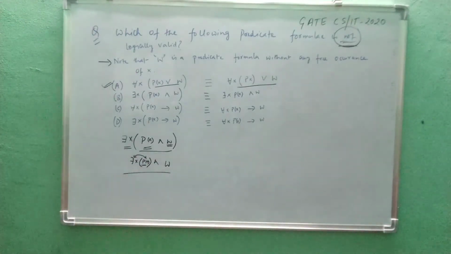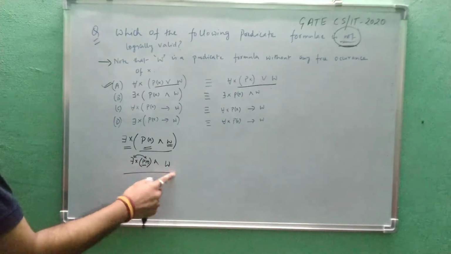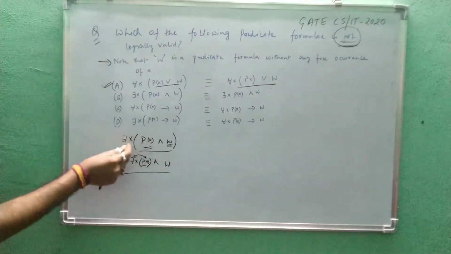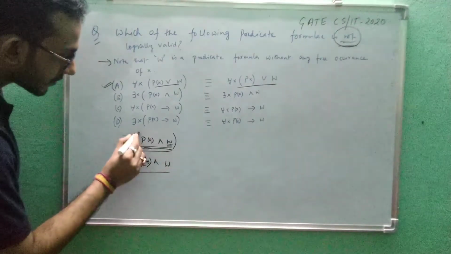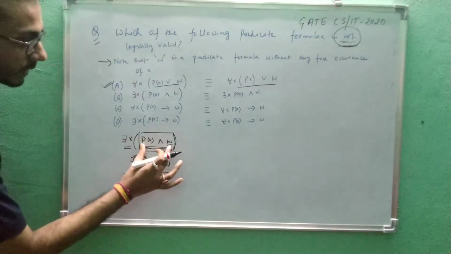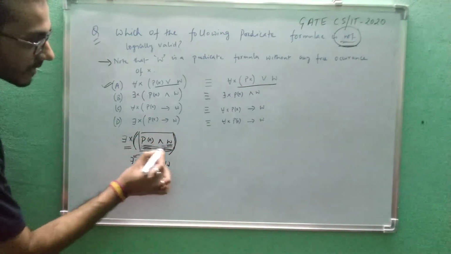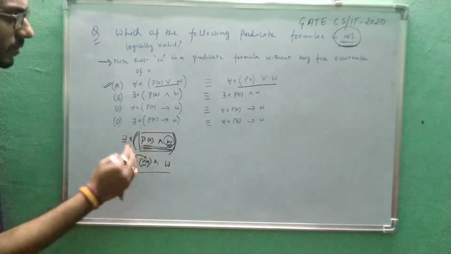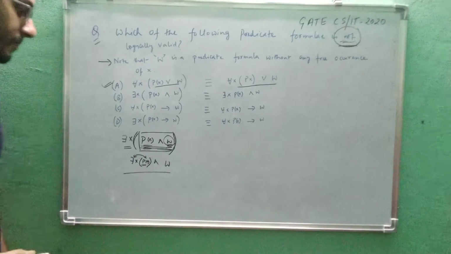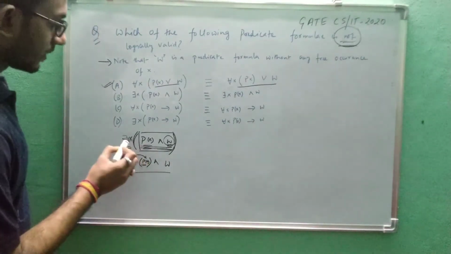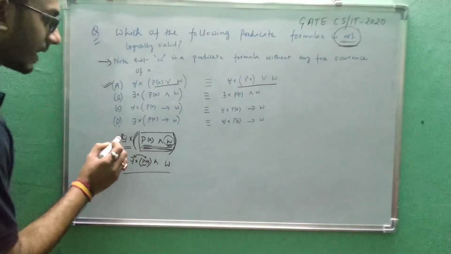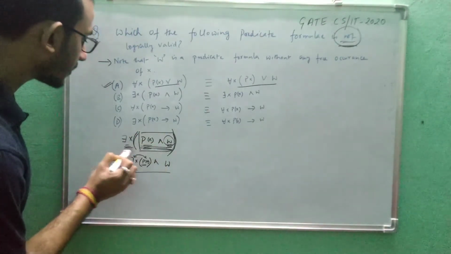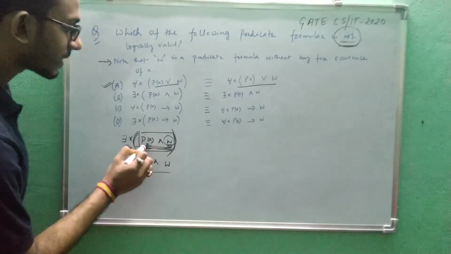So we can simply write: there exists x such that P of x and W, because when we say there exists x such that this x satisfies these two at a time, it means the whole thing inside the bracket. Now W is not dependent on x, so it is totally separate. So there is at least one x which will satisfy this whole thing: P of x and W.